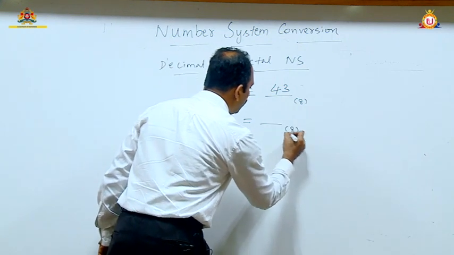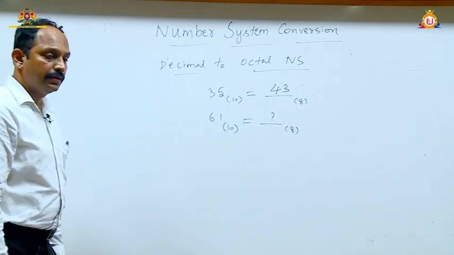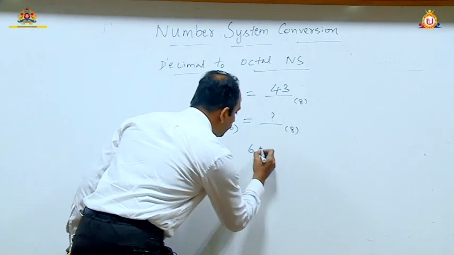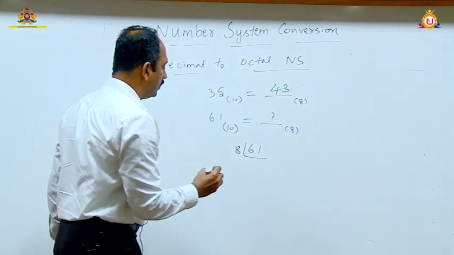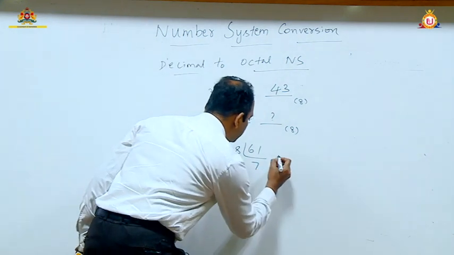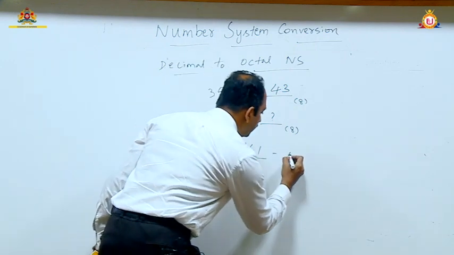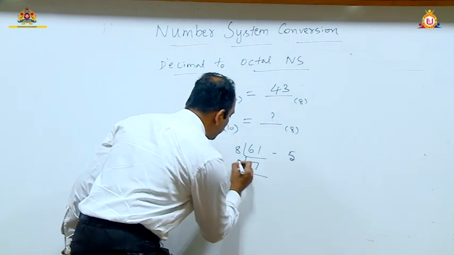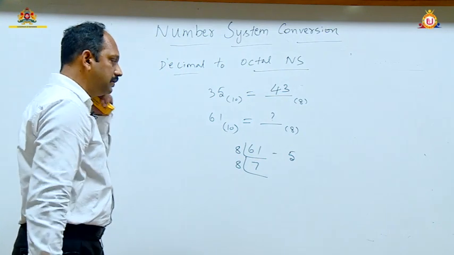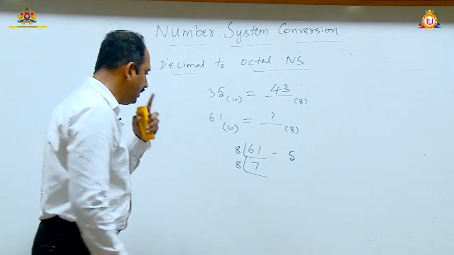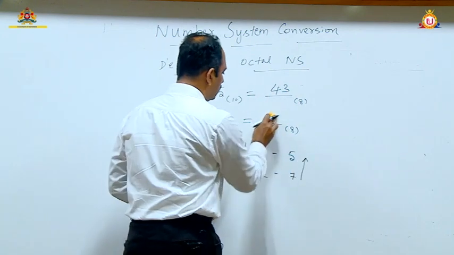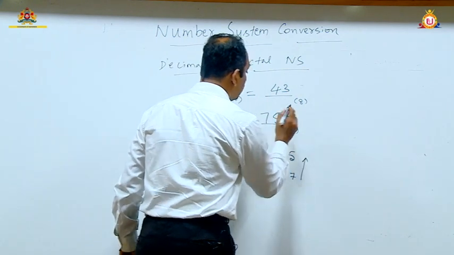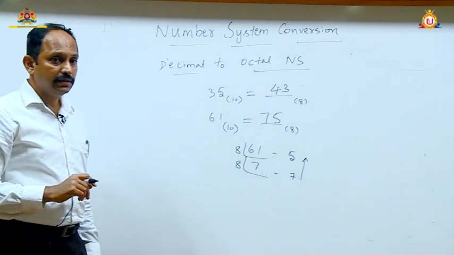What is its octal equivalent? 61 is divided by 8. 8 times 7 is 56. The remainder is 5. And here also the 7 cannot be divided by 8, so the remainder is 7. The result is 7, 5. It is not seventy-five, it is 7 and 5 in octal.